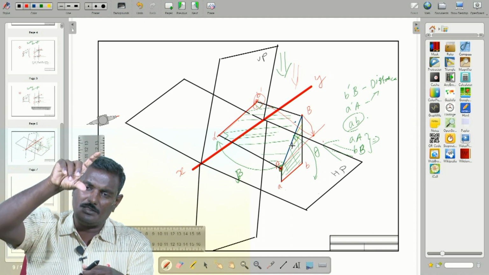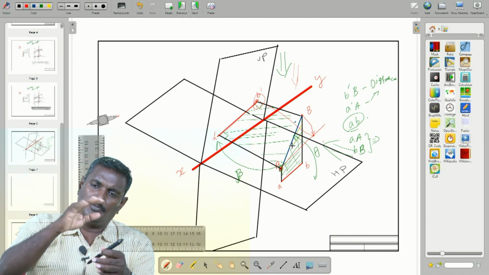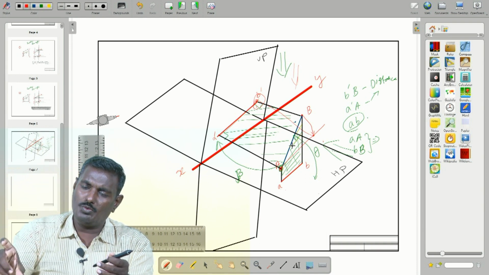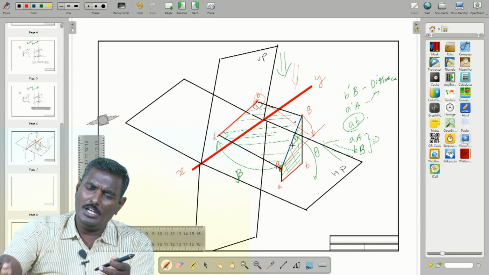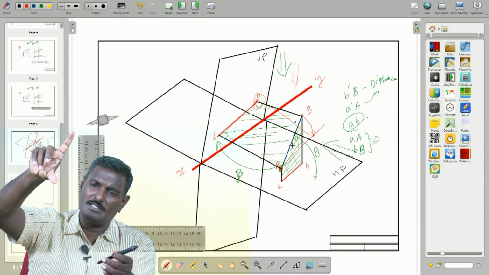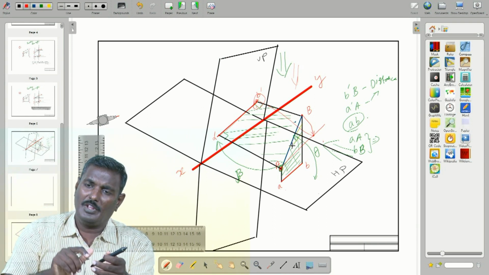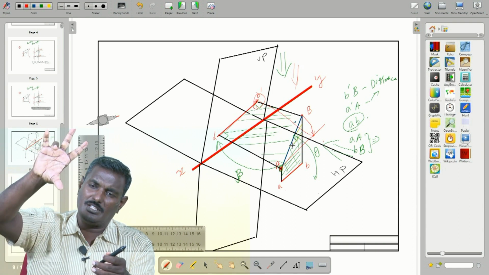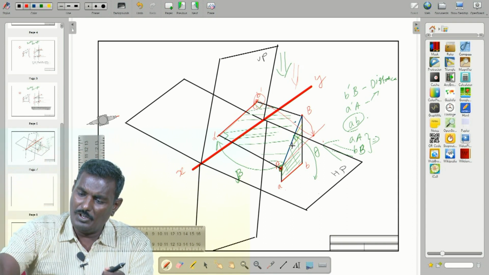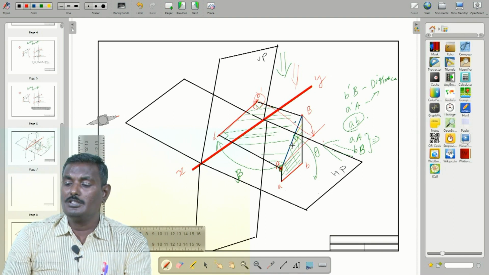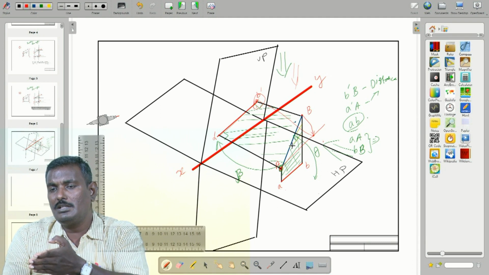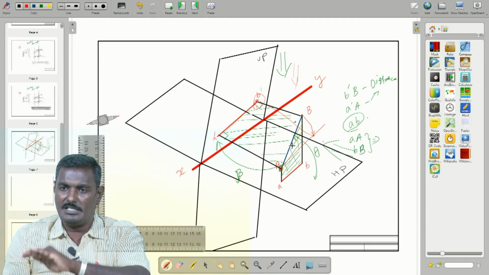So, from xy to A dash you measure and mark it over small a, that perpendicular distance gives capital A. Similarly, the perpendicular distance from xy to B dash, measure it on the perpendicular line of small b, so that gives capital A, capital B. So, actually what inclination? Theta.